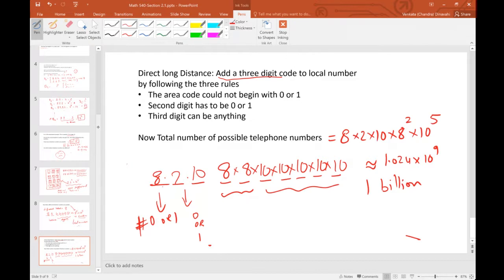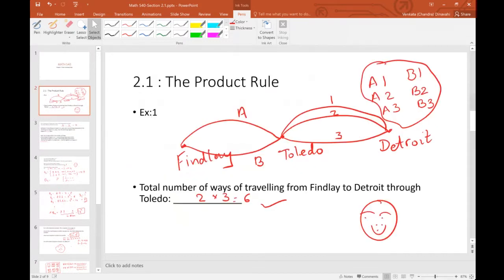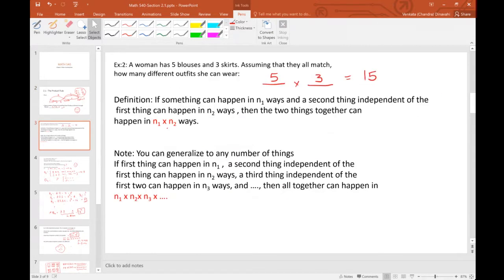Okay guys, as a first recording, I don't want to proceed too long, so I want to stop at this point and summarize what we have seen so far. The important point in this section is the product rule. The product rule simply says that if you are doing multiple jobs and those jobs are independent of each other, and you know how many different ways you can do each job, then all these jobs together can be done in the product of the individual counts, and that should be your answer.